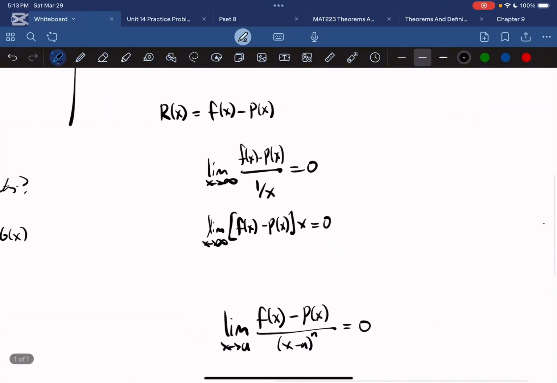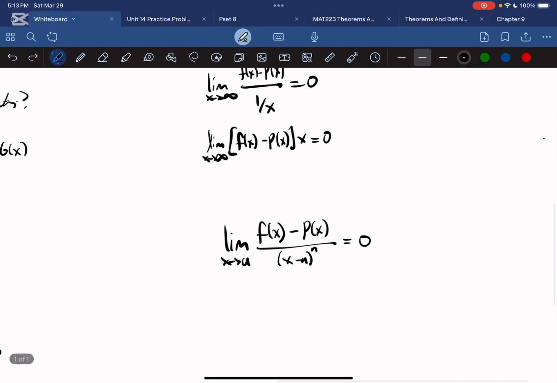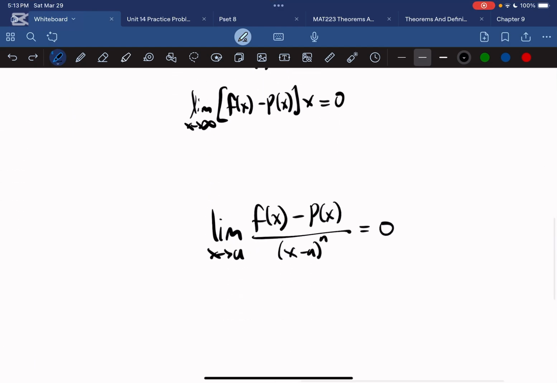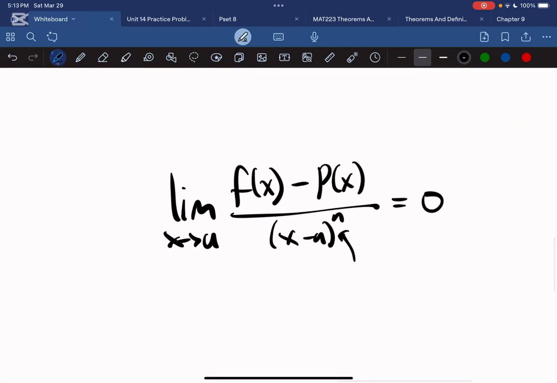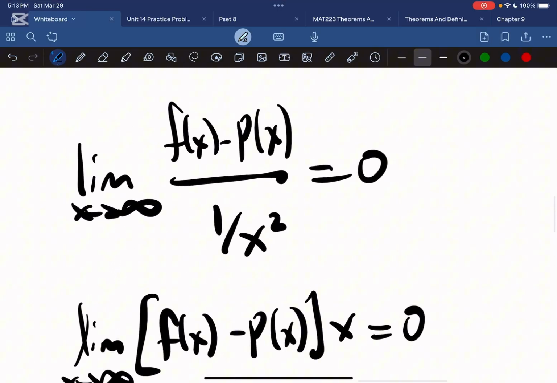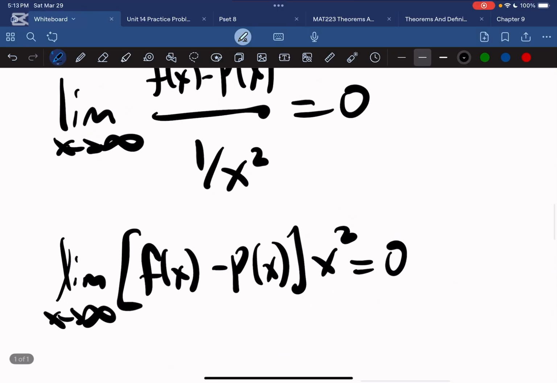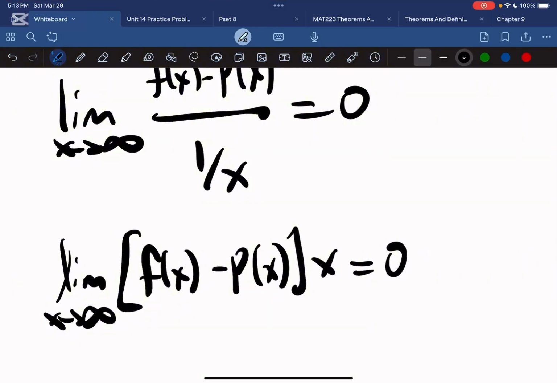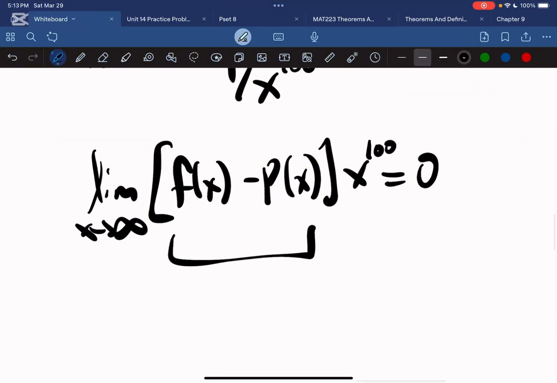This logic should follow. So we have as x goes to infinity, that one makes sense. This one probably makes a bit less sense, because now we've replaced it with this. But keep in mind, this is just saying it's faster than some degree. With this one, we could have said this was faster than x squared as well. And as you can see, if you increase its degree, to 100, then this guy's a damn good approximation.